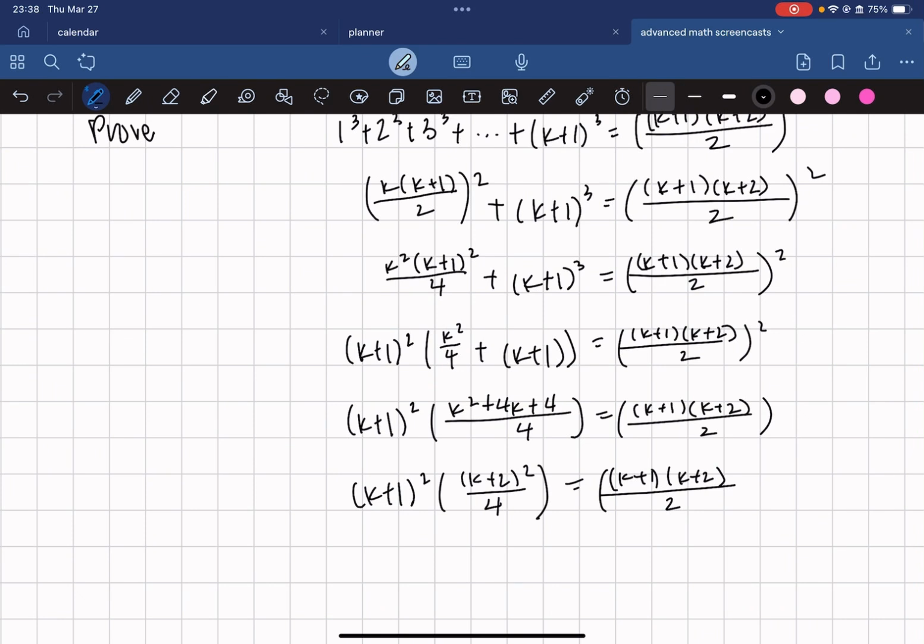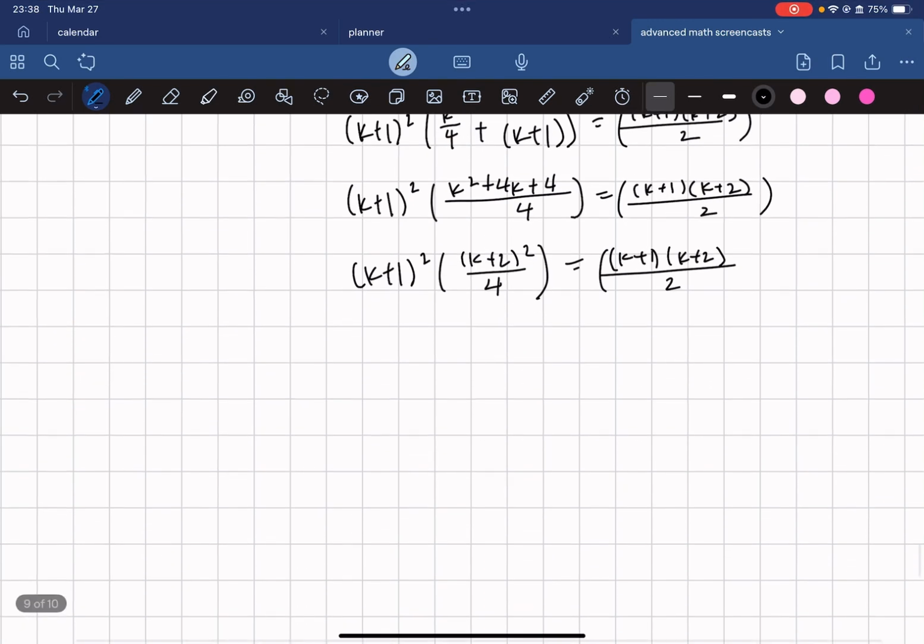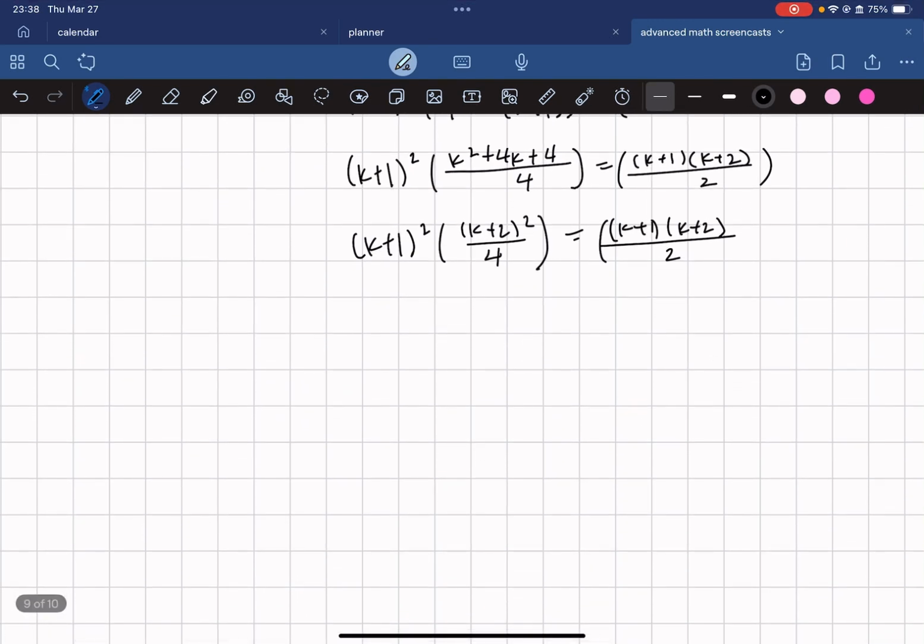And then from there, we can take the squares out and say k plus 1 times k plus 2 over 2 is equal to k plus 1 times k plus 2 over 2 squared.